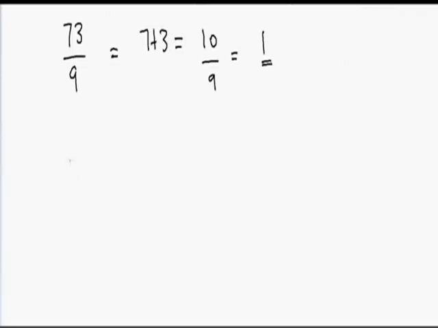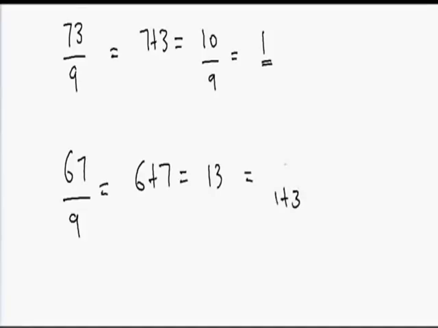Again, if I have 67 and I want to divide by 9, in that case 6 plus 7 is equal to 13, and again 1 plus 3 is equal to 4, so the remainder is 4. Another way is to divide 13 by 9, and you will also get 4. So if you divide 67 by 9, the remainder should be 4.